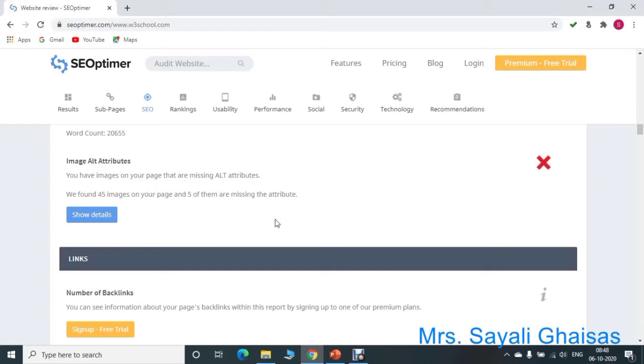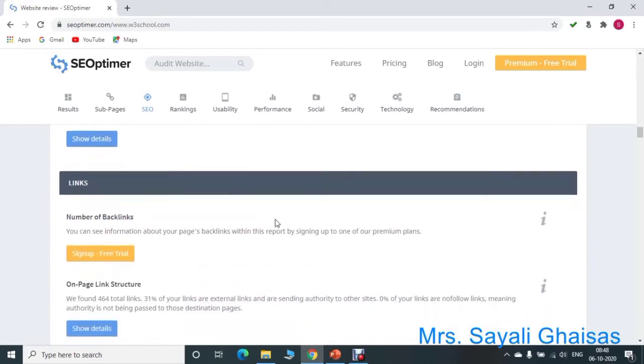So even minor mistakes will be identified by performing this audit.